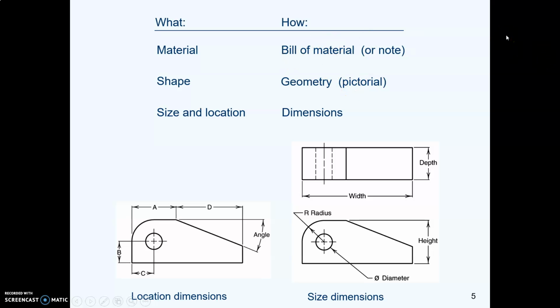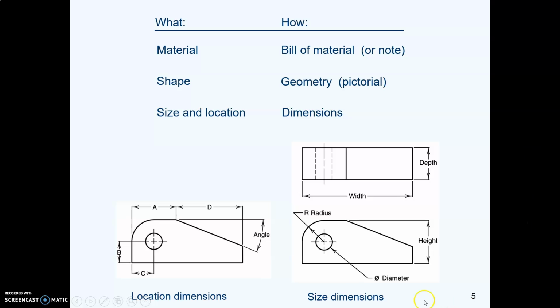There are some drawings where instead of a bill of material, you might put a note. Maybe you're making a casting and you're telling them what grade of cast iron goes in there or something. All right, okay. How do you tell them the shape? You draw it. You show them the geometry. How do you tell them the size and location?